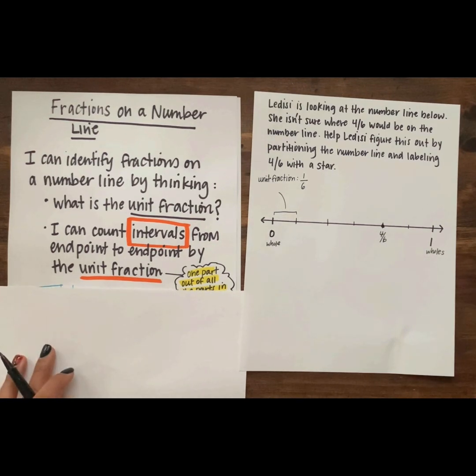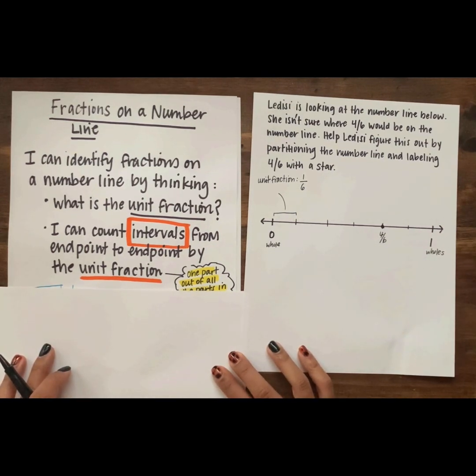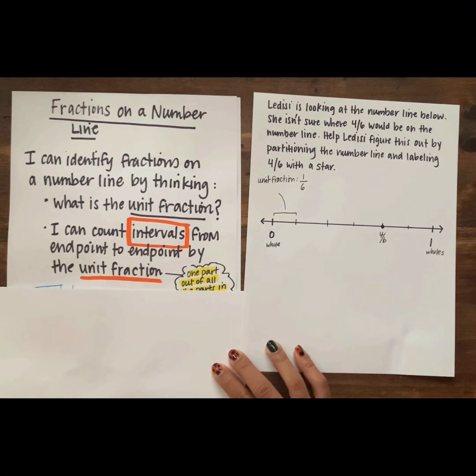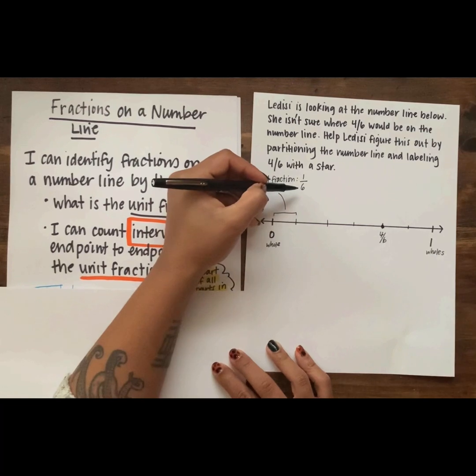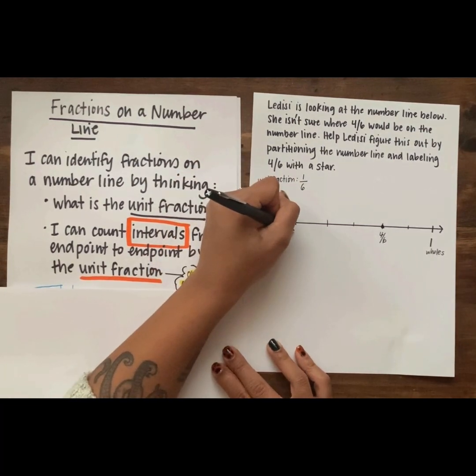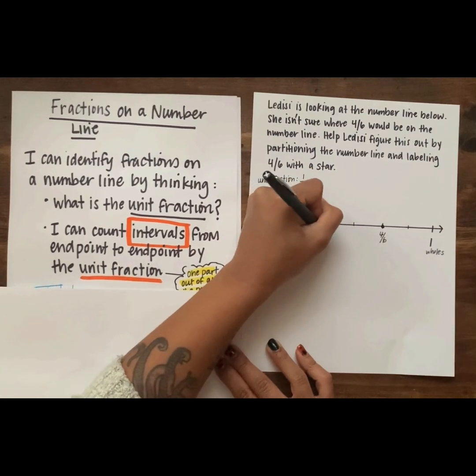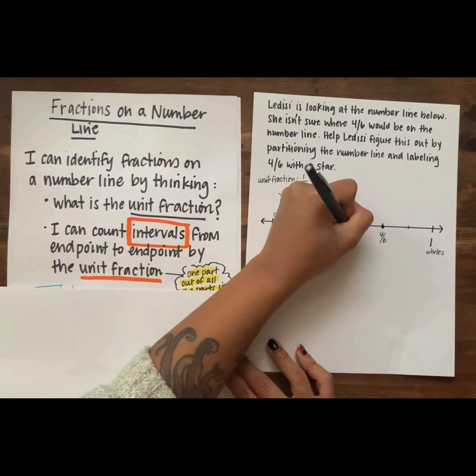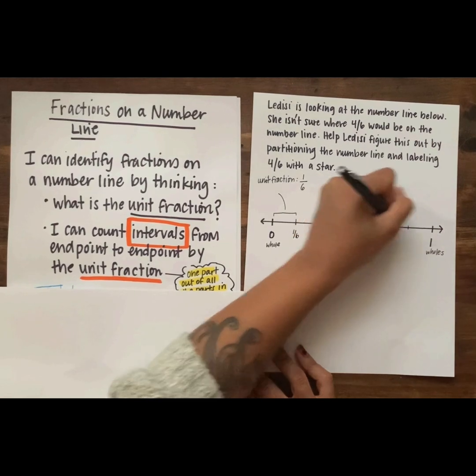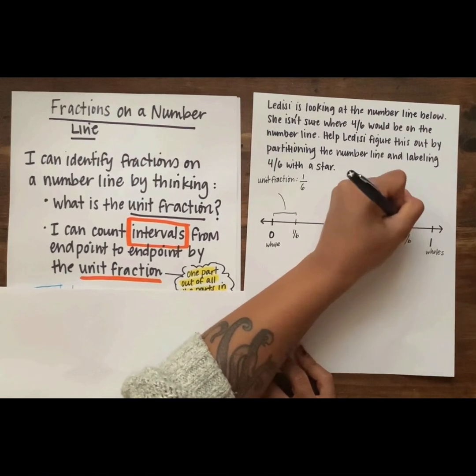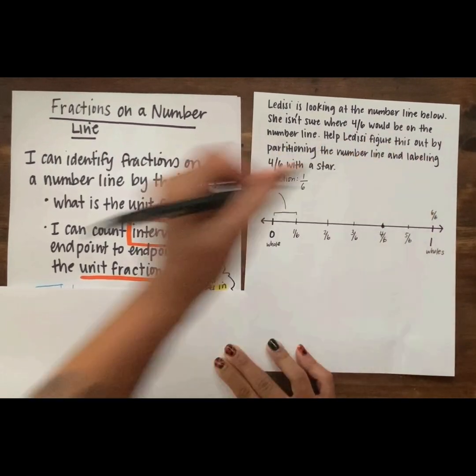Share your answers out loud. That's right. We can count by the unit fraction and label as we go. Let's do that together. 1/6, 2/6, 3/6, 4/6, 5/6, 6/6.